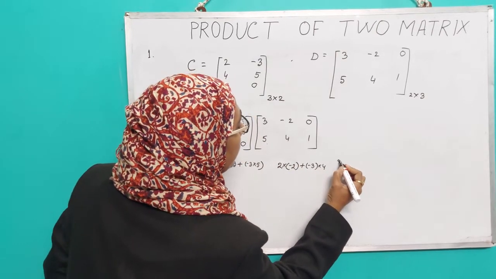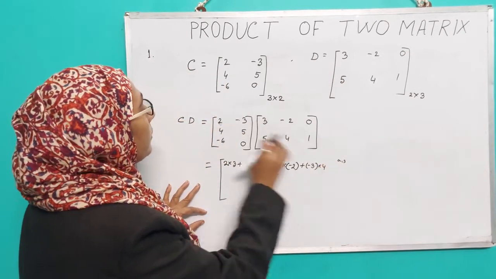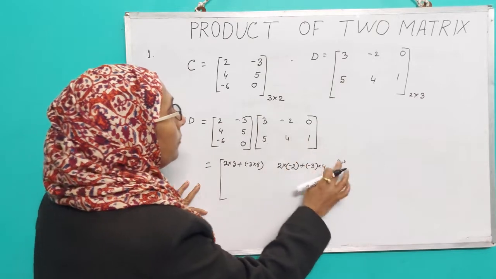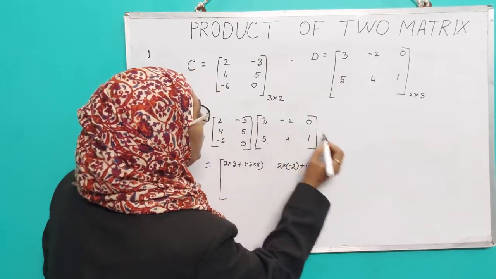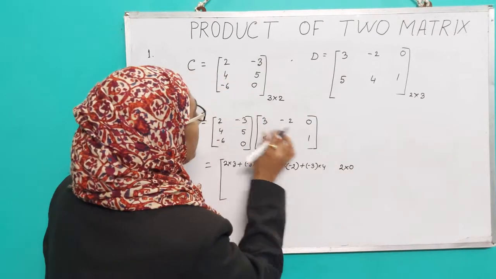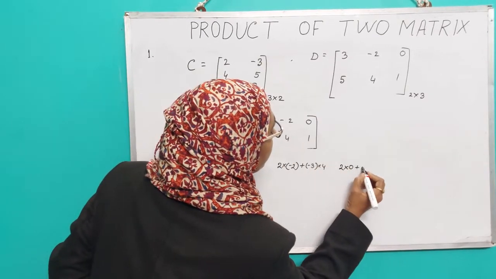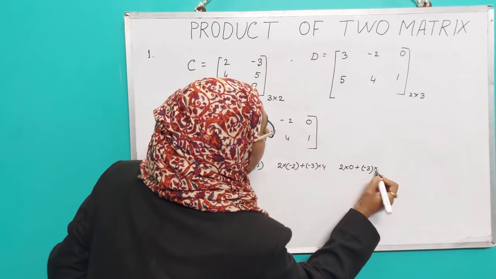Next, this element is A13, therefore first row and third column, that is 2 into 0 plus minus 3 into 1.